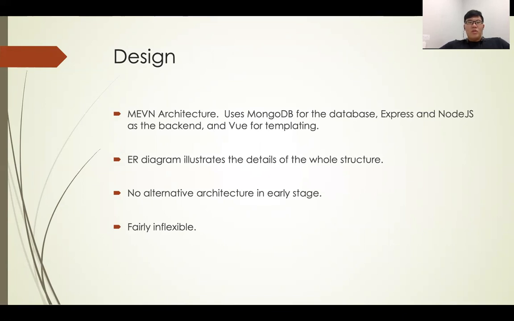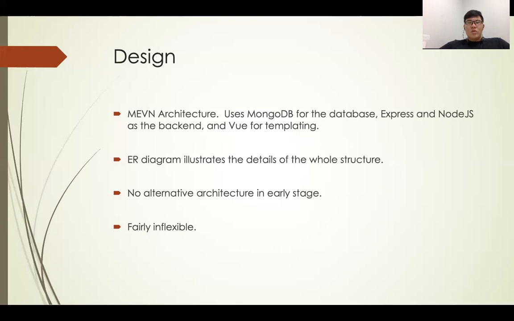The overall system will be based on the MEVN architecture. This uses MongoDB for the database, Express and Node.js as a backend, and Vue for the templating. This architecture is one of the most popular architectures in industry nowadays.